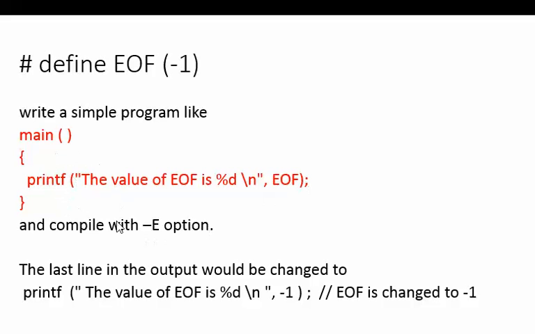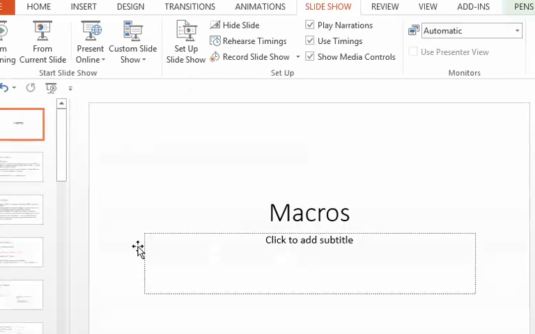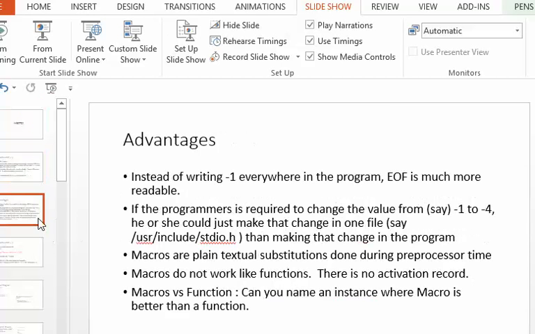If you compile this program with the -E option, you would see the output is this. What it does is it replaced EOF with -1 because that's what you defined here. In this case we should see parenthesis here, so let me change it here itself.